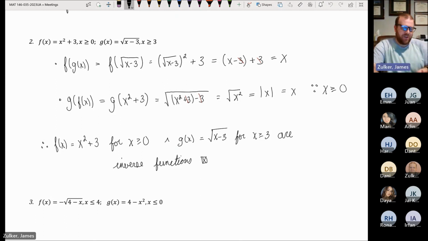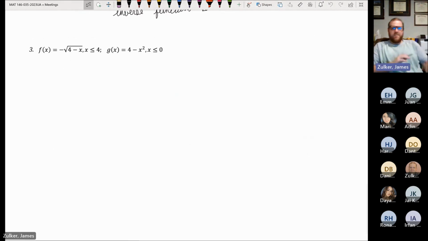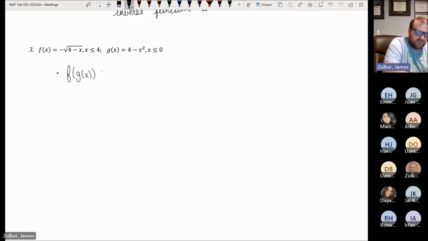Okay, let's continue on. Negative square root of 4 minus x for x less than or equal to 4, and 4 minus x squared for x less than or equal to 0. So first up, f of g of x.